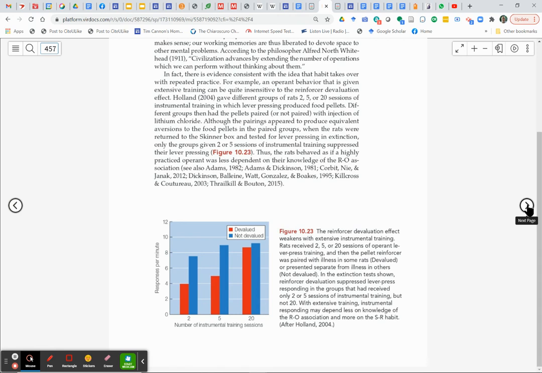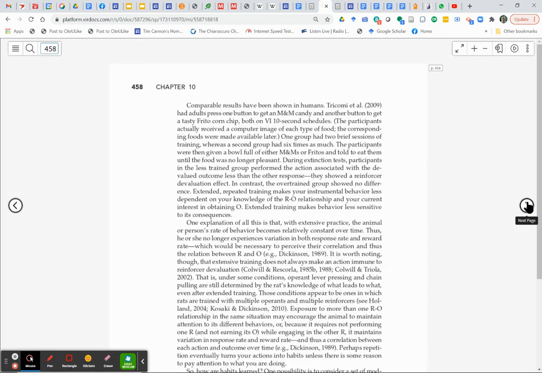And it's Clever Holland again. And you can see with 20 sessions, devaluation doesn't do a lot. You've shifted from arguably motivated behavior to habit behavior, which doesn't feel the effects of devaluation.